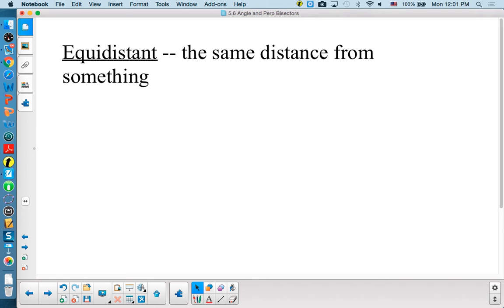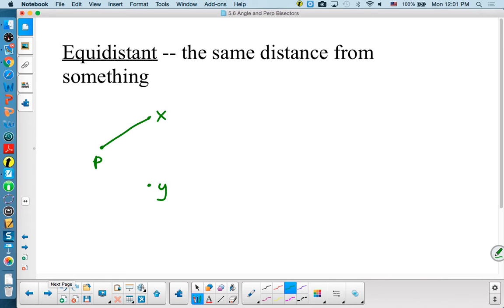Okay, the term equidistant should sound like it means equal distances because that's really what it means. It means the same distance from something. So we can have a point that is equidistant from other points, like this point P could be the same distance from X and Y, that length the same.